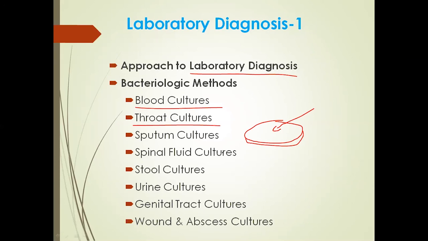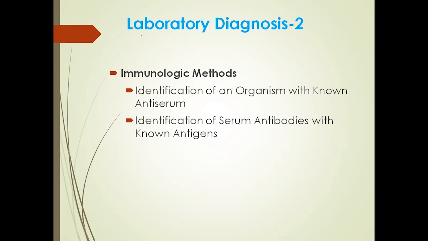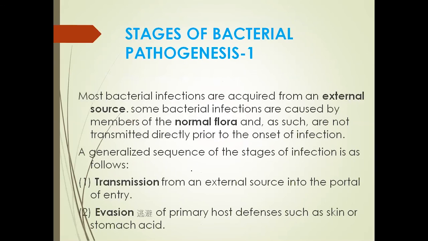Certainly we can take other samples from different parts of the body depending on the kind of illness, and then culture them. That's usually used in laboratory tests. And we have some other ways to find antibodies or antigens directly from the blood circulation. Those are the laboratory tests we can use to find the bacteria.